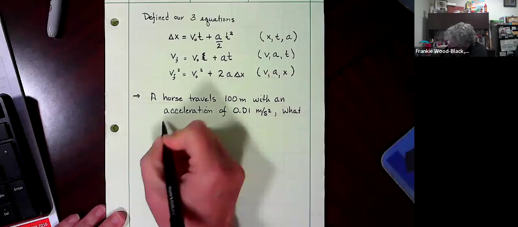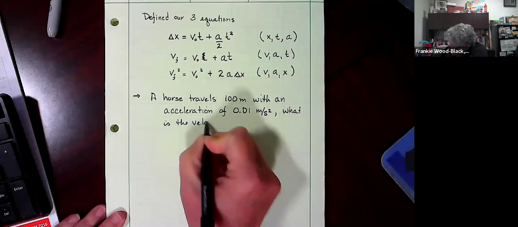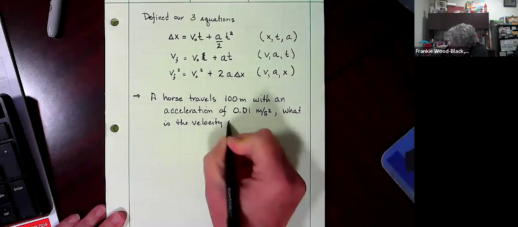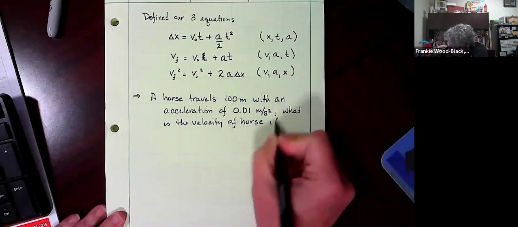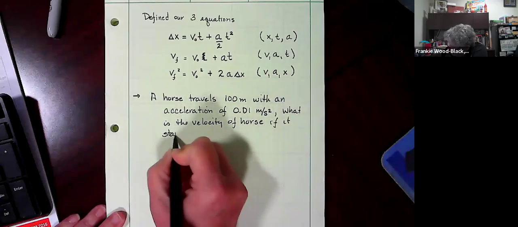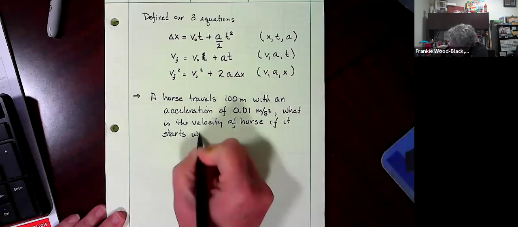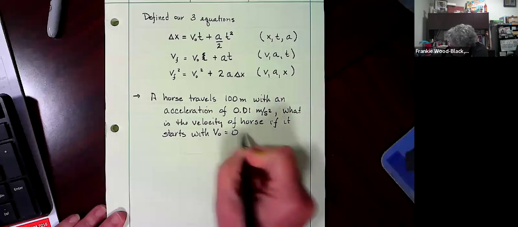What is the velocity of the horse if it starts with an initial velocity equal to 0?